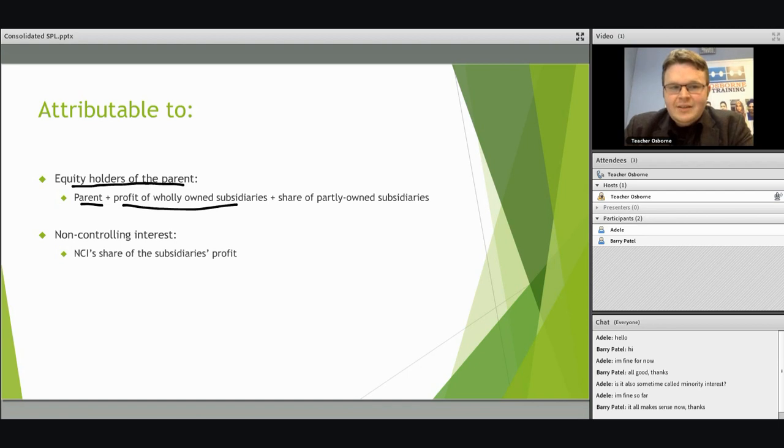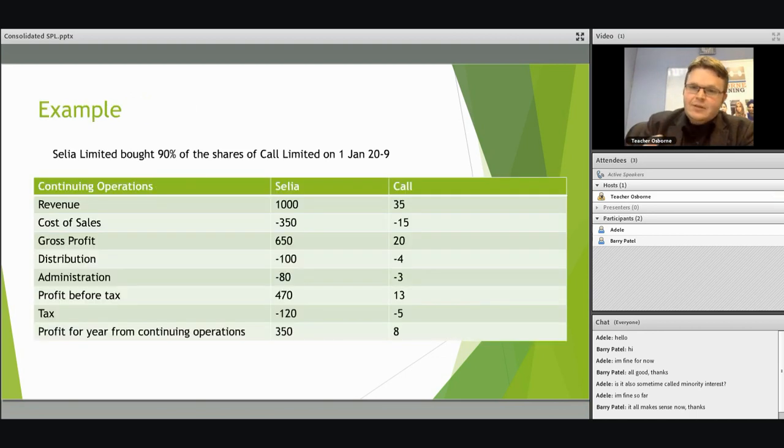So we take the parent's profit plus the profit of any wholly owned subsidiary, so 100%, and then a share of any partly owned businesses. All right? And then we also take the non-controlling interest. All right? Has to get a share of the subsidiary's profits. Right? Not the total profit. Don't make that mistake. Right? It's not the total profit. So we're going to have to look at the profit of the subsidiary and then give the non-controlling interest their share of that profit. Okay?